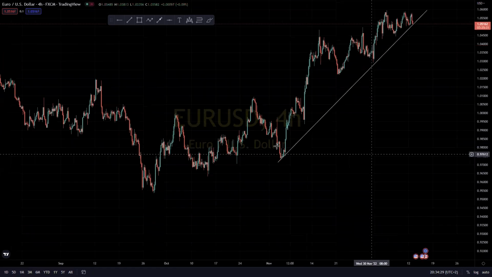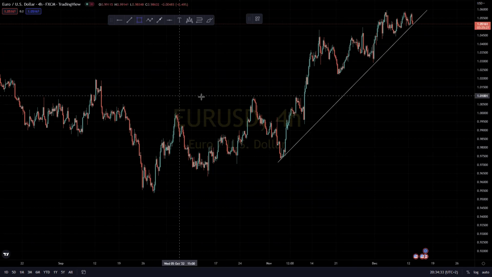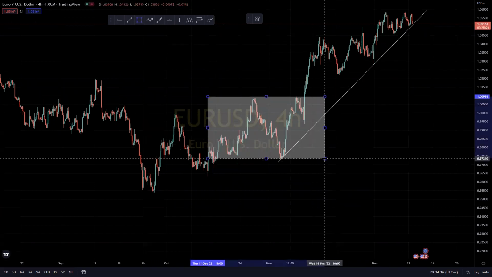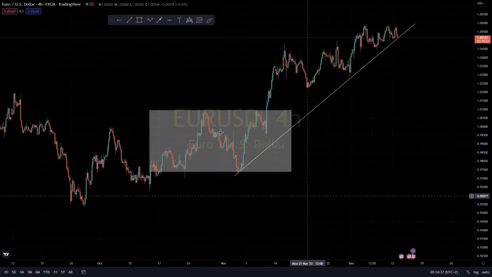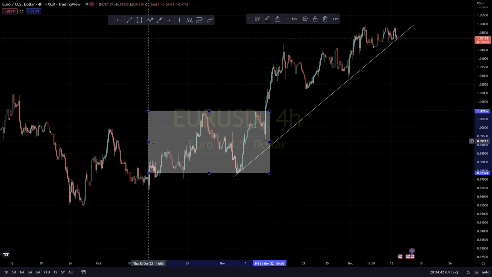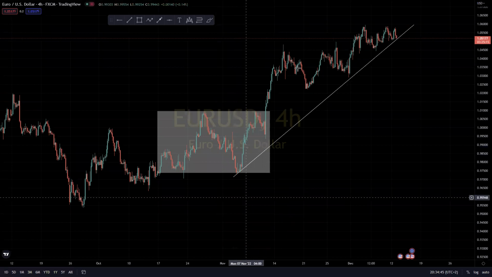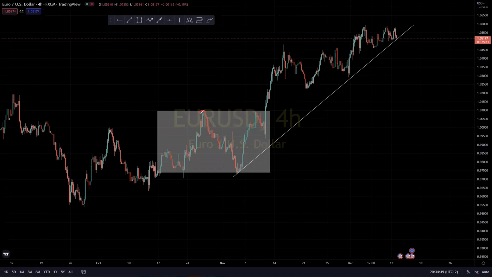Why? Because if I start boxing using my analytical tools, with this white box here, you'll see that the market broke above these equal highs. Remember? This was a third type of market condition, where we would say a consolidation or ranging market.